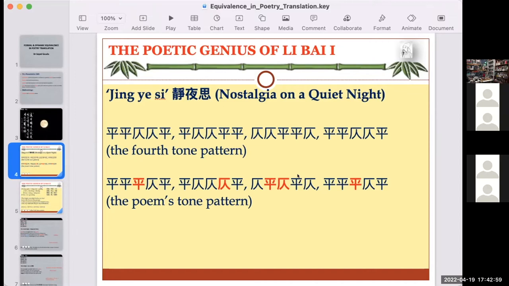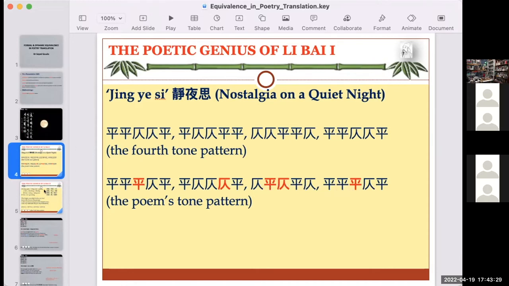There is no obligation on him to make any changes, but we can see that he changed the tones based on the meaning and the words he wants to use and to create the certain rhythm he wants. So the final outcome is ping, ping, ping, zi, ping, ping, zi, zi, zi, ping, zi, ping, zi, ping, zi, ping, ping, ping, zi, ping.